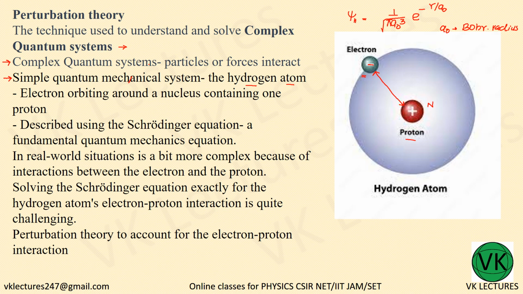One, for example, is the electrostatic force, F electrostatic, and since they have mass, there is another interaction due to the mass of the objects, which is Fg, the gravitational force between them. So there are many more aspects to the simple hydrogen atom, so it becomes more complex. In order to solve such complex systems, we introduce the perturbation theory, which accounts for the electron proton interaction as well.